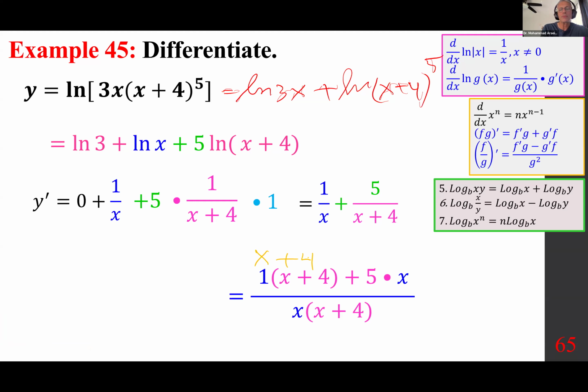So we get 6x plus 4 in the numerator. So that's one of the topics we looked at previously, and now we are going to move on. So a quick recap: decompose the log completely, and that's really a very important step. And then differentiate piece by piece.